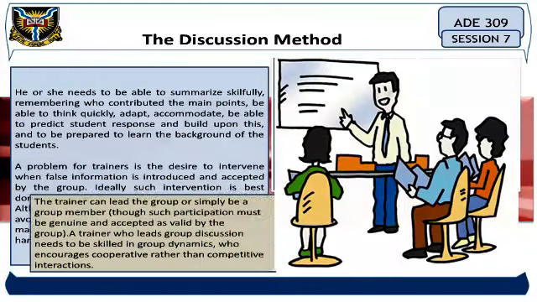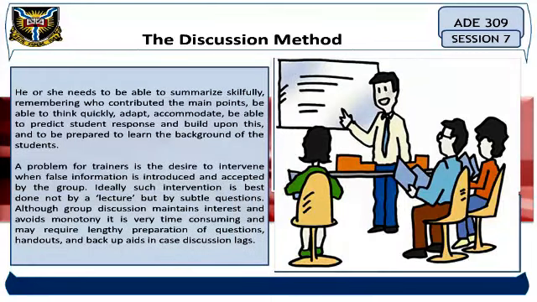He or she needs to be able to summarize skillfully, remembering who contributed the main point, be able to think quickly, adapt, accommodate, be able to predict student response and build upon this, and to be prepared to learn the background of the student. A problem for trainers is the desire to intervene when false information is introduced and accepted by the group. Ideally, such intervention is best done not by a lecture but by subtle questions.